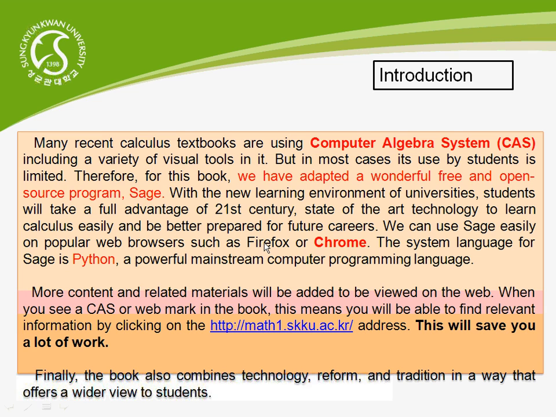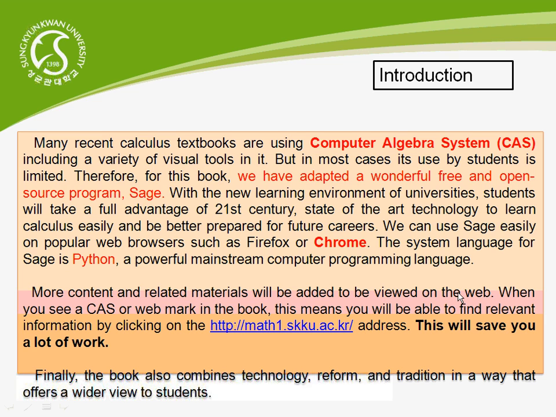Many recent calculus texts are using a computer algebra system. We have adopted a wonderful free and open source program, Sage. It works well with Firefox or Chrome instead of Internet Explorer. The system language for Sage is Python, which is a powerful mainstream computer programming language now.